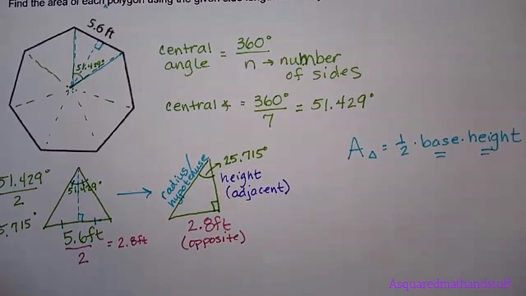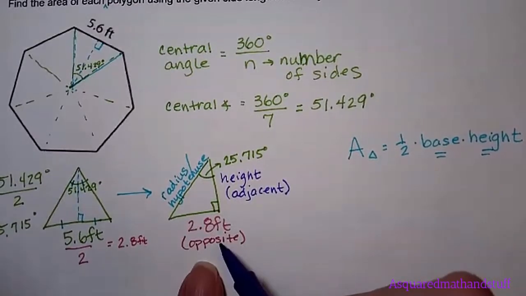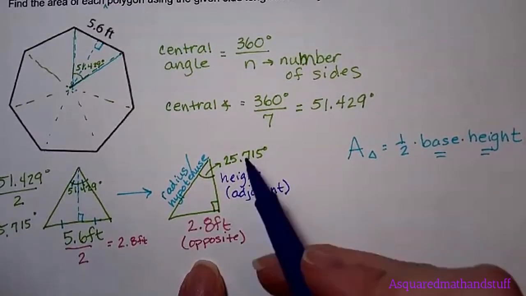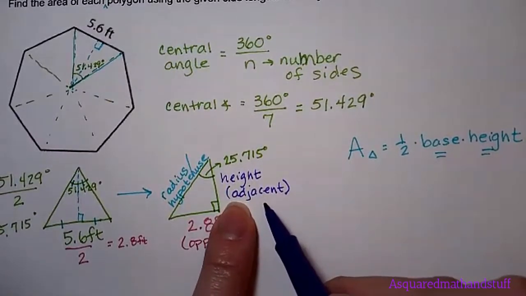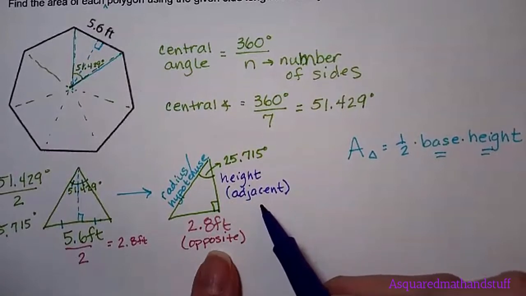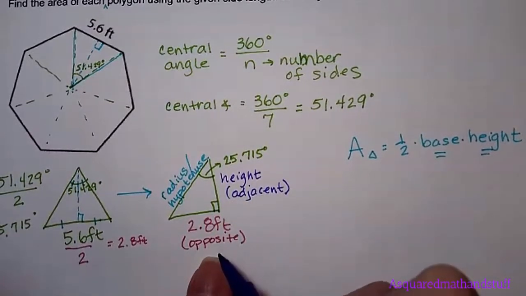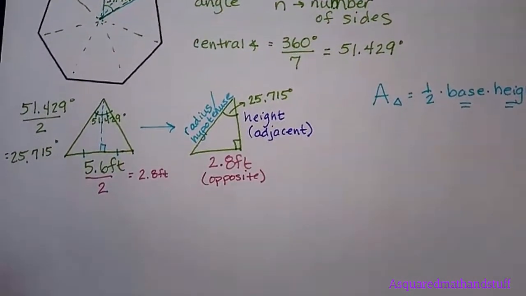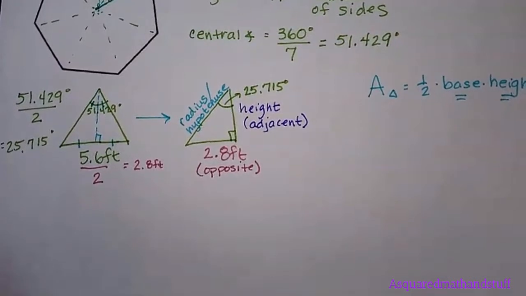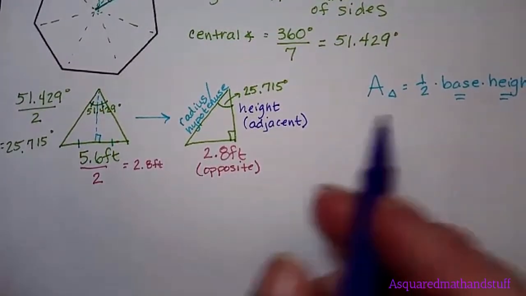Let's calculate this height. 2.8 feet, we know, that's the opposite side length. Height, we're looking for, that's the adjacent side length. So we are looking for the trig ratio that relates the opposite and adjacent sides. And the trig ratio that relates those two is our tangent ratio. So let's work with the tangent ratio.